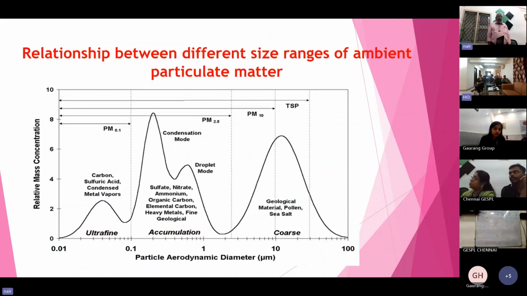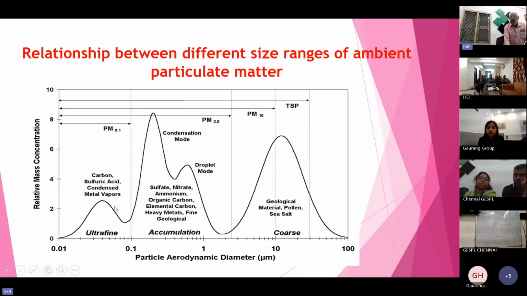We are measuring PM10 and PM2.5. What is the relationship between these different size ranges of ambient particulate matter? There is ultrafine particulate matter, PM 0.1. Accumulation particles are there, that is PM2.5. Then coarse particles are PM10, these suspended particles.